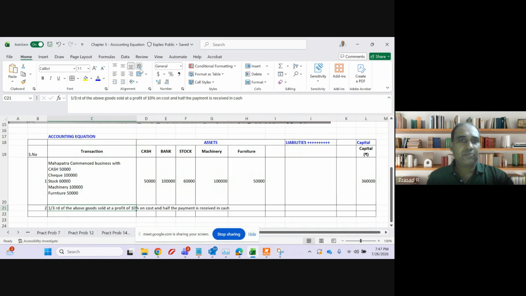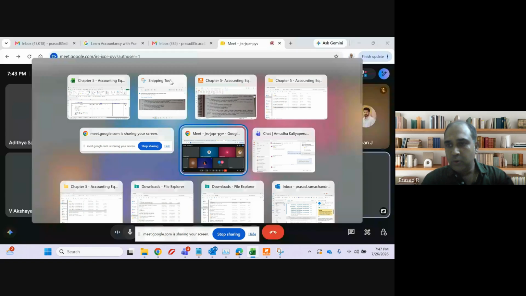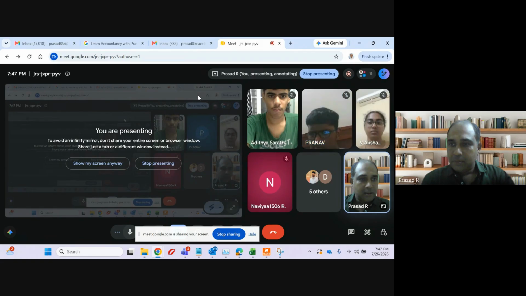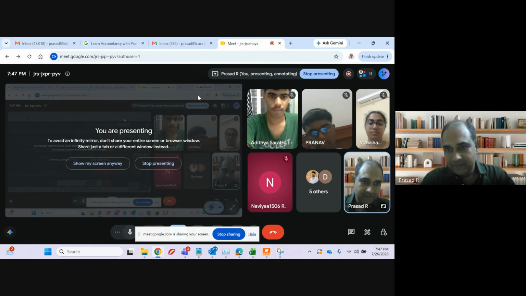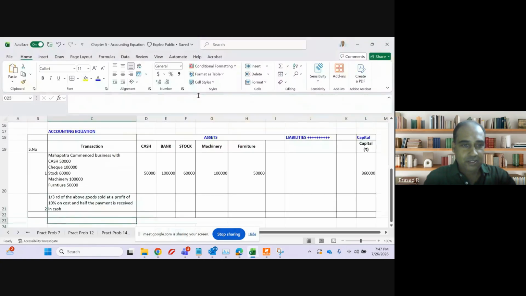Little tricky. You guys will not be able to solve this now, but I will ask you a few questions, then you will start solving it. Clear? I will help you on this.